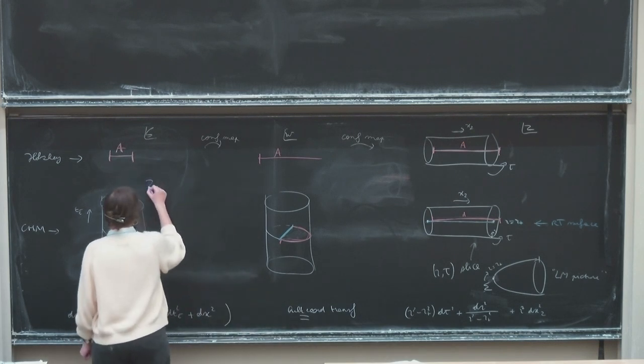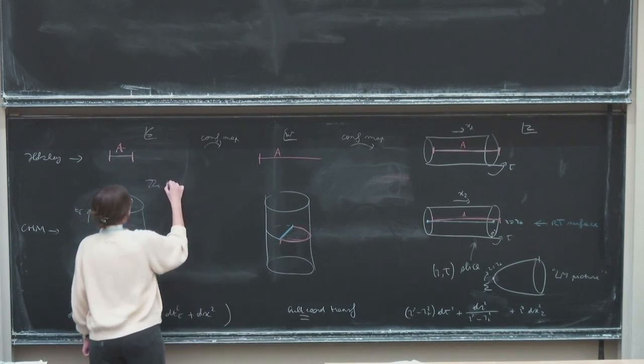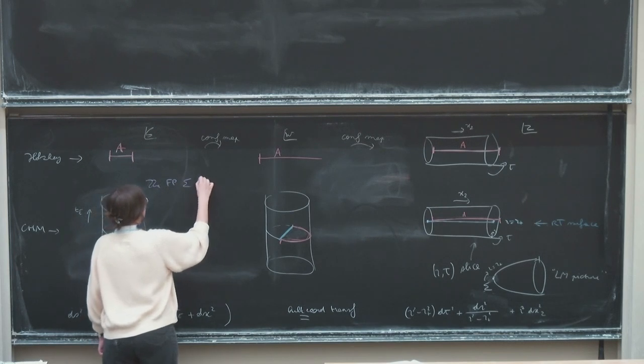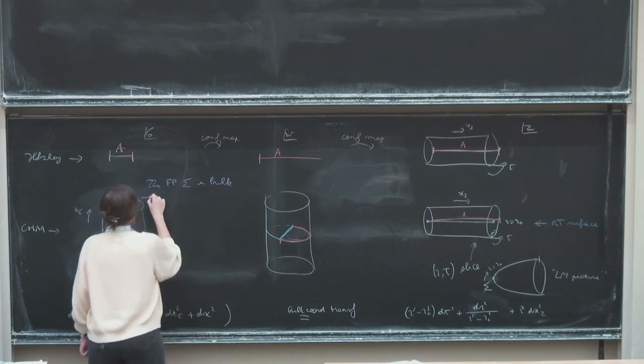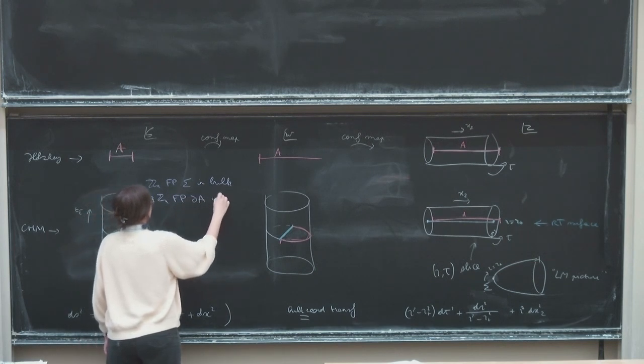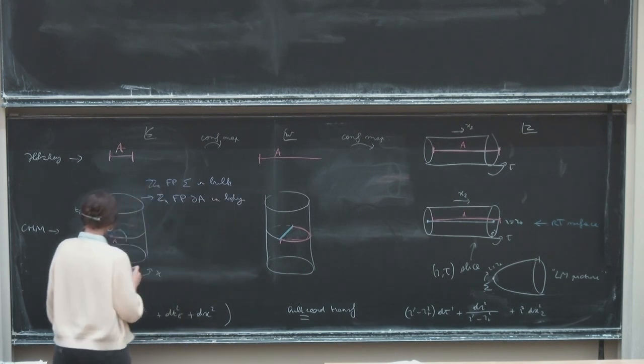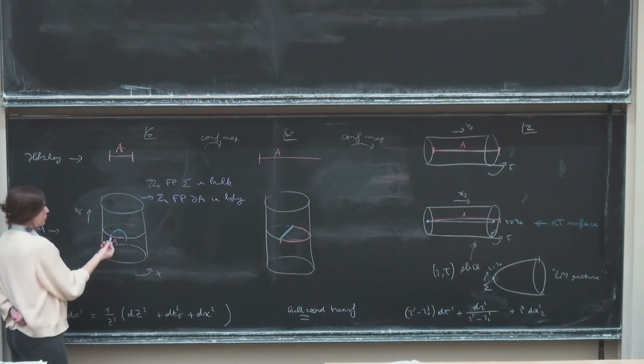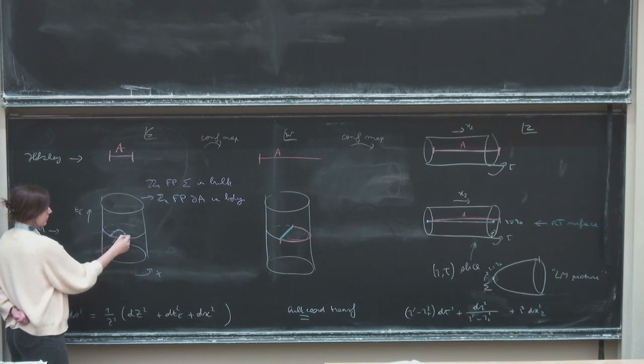So Z_n fixed points sigma in the bulk extends to the Z_n fixed points dA in the boundary. So if you would put twist fields again, then they would be along all of this.